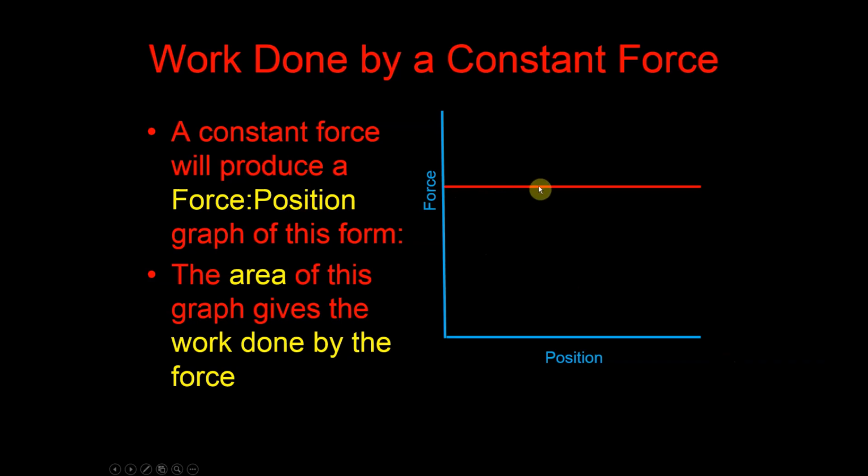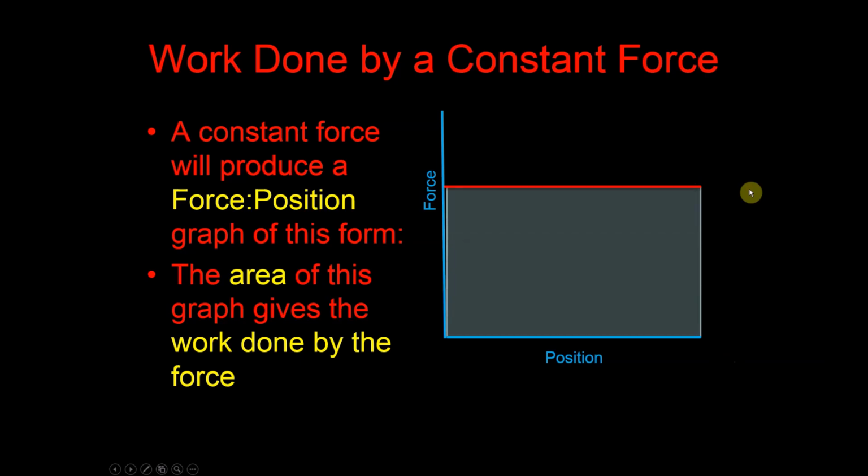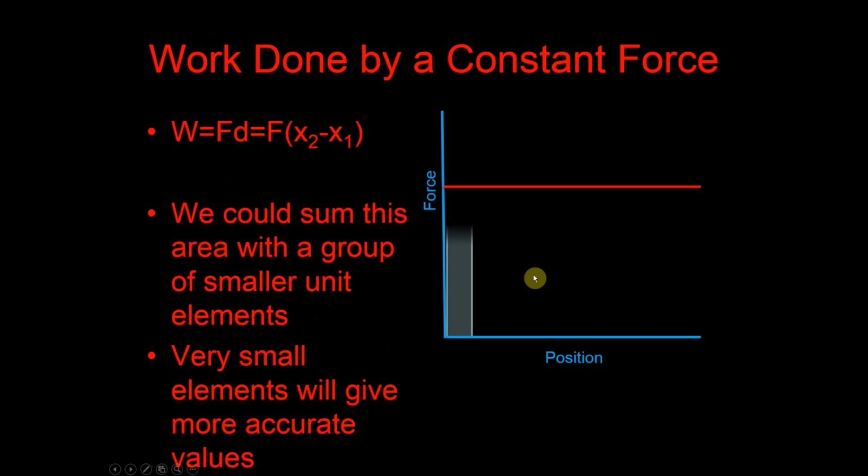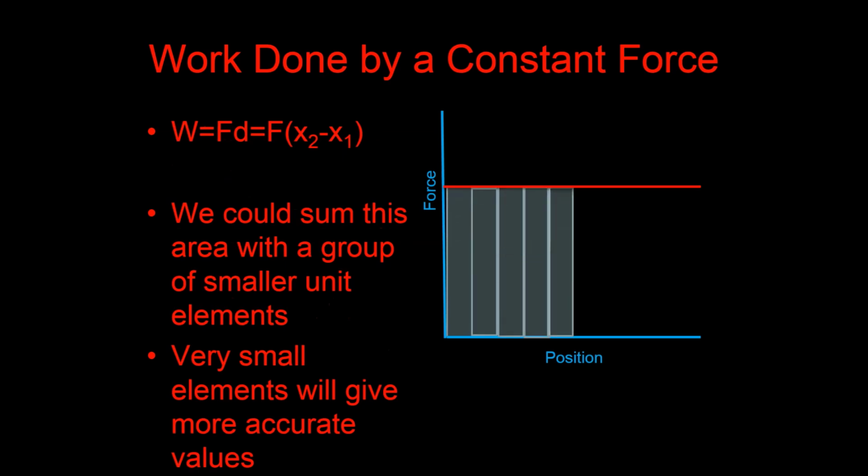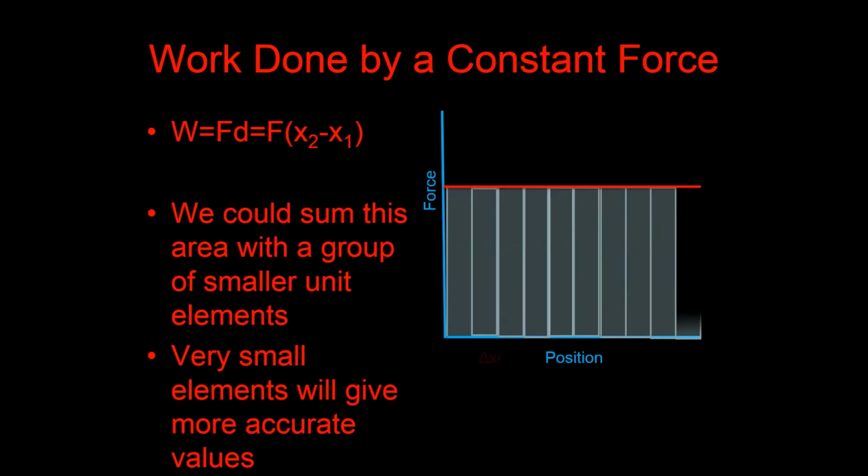So if we have a constant force acting on our system, then the area of this graph will be force times displacement. Sometimes displacement can be given as d, distance, or s, displacement, or delta x. Here, area is force times displacement, which is going to equal work. So really, this is the basis of calculus.